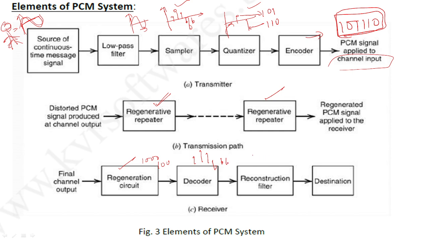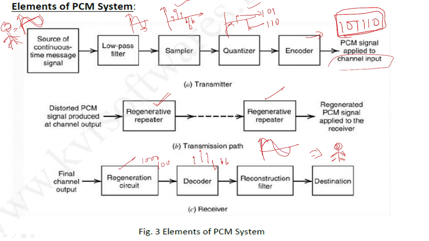Again, the samples or reconstruction filter will convert it into what you sent. And after this, at the destination, this analog signal is converted into our original physical form, either video signal or audio signal or any other information.